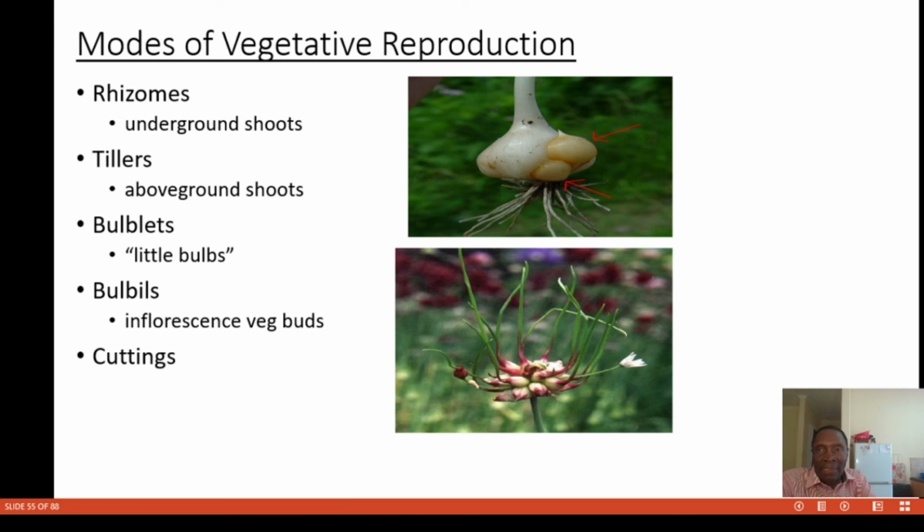The examples are the rhizomes, the tillers, the bulblets, little bulbs, the bulbils, inflorescence, vegetative bulbs, like we can see in this one on top. Then we have the cuttings.